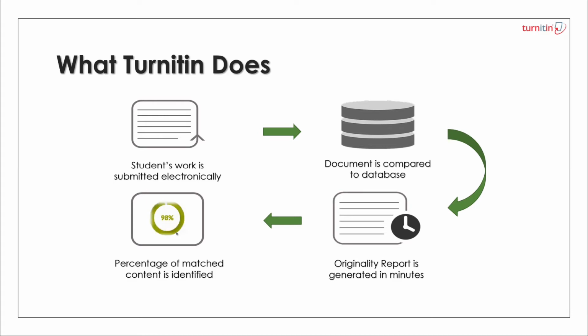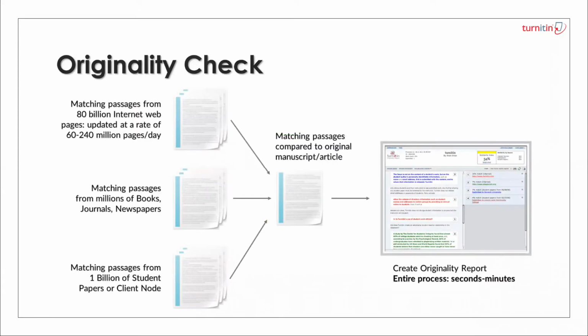Okay, so when the paper is submitted to Turnitin, it will be matched against three types of databases, and then Turnitin will check and produce what we call the originality report. So from the originality report, lecturers and students can see the percentage of the matching, the similarity index. Okay, this is a brief idea of how it works.